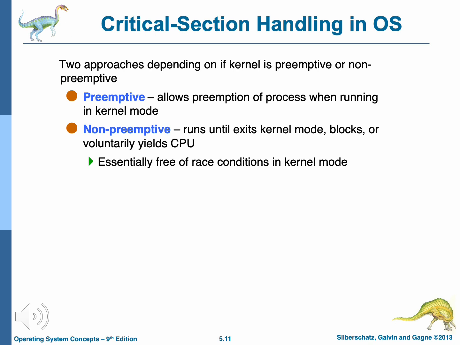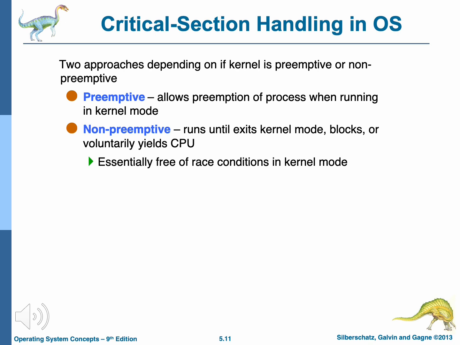Two general approaches are used to handle critical sections in operating systems: preemptive kernels and non-preemptive kernels. A preemptive kernel allows a process to be preempted while it is running in kernel mode. A non-preemptive kernel does not allow a process running in kernel mode to be preempted.